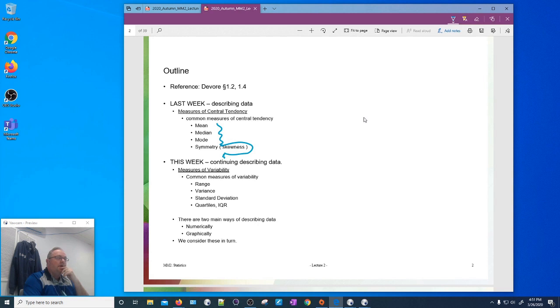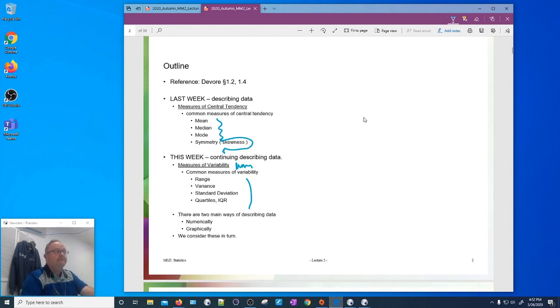Alright, this week we're moving on to measures of variability. So measures of variability: range, variance, standard deviations, quartiles and interquartile ranges. So there are two main ways of describing data numerically and graphically, and we'll consider them in turn.